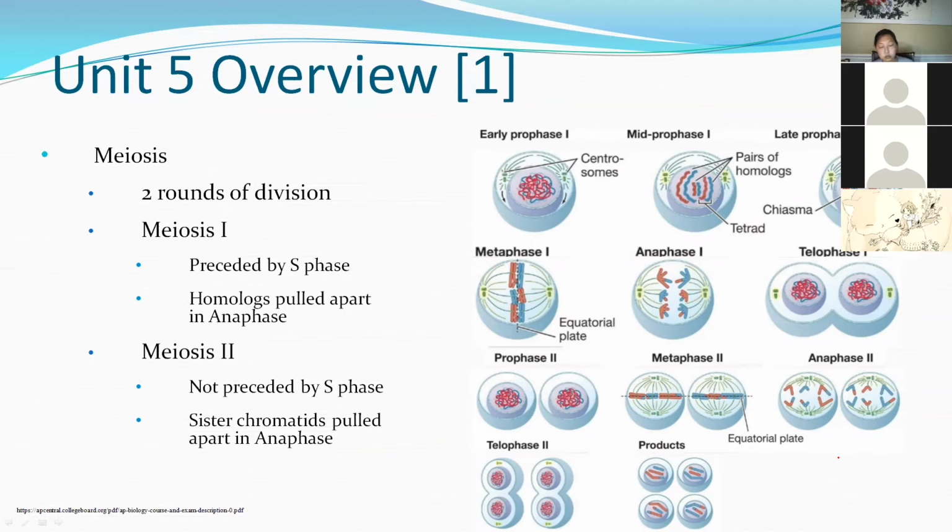All the phases are named the same: prophase, metaphase, anaphase, and telophase, except there are 2 rounds of it. There's the replication of your DNA before meiosis 1, but not before meiosis 2. So in the end, in meiosis, you end up with half the number of chromosomes your parent cell has.